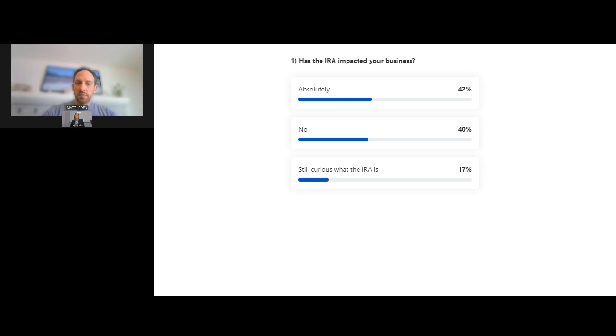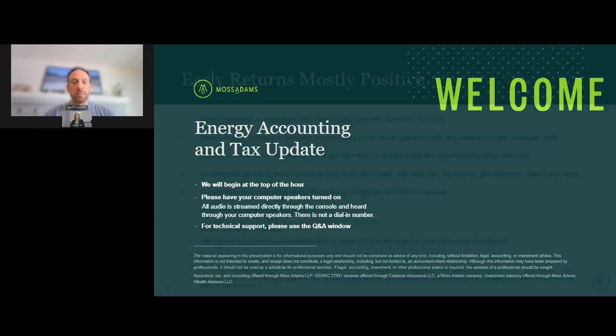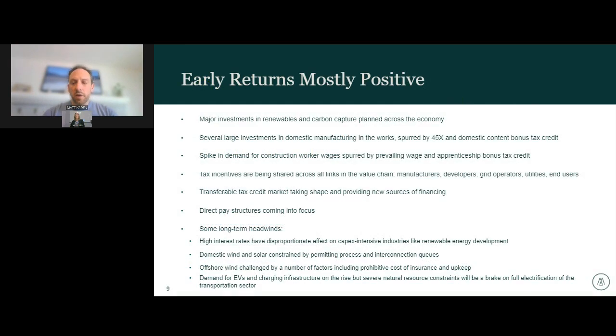So it seems like about 60% still kind of unimpacted or curious. I just want to hit a quick question before we move on. There's a question that I just got in the inbox. As a nonprofit, how does the direct pay process work? We don't have federal income taxes.